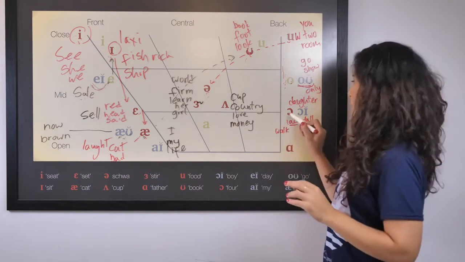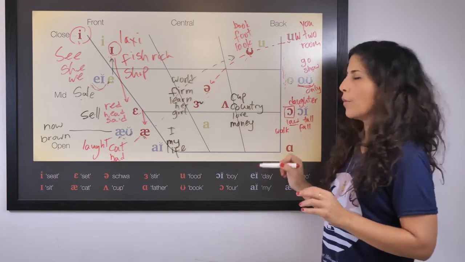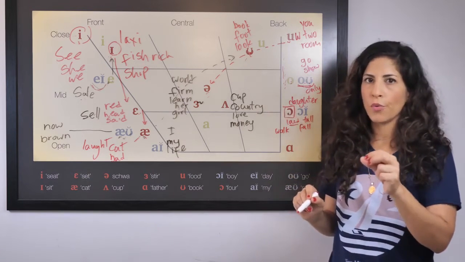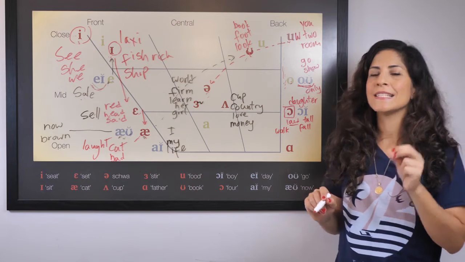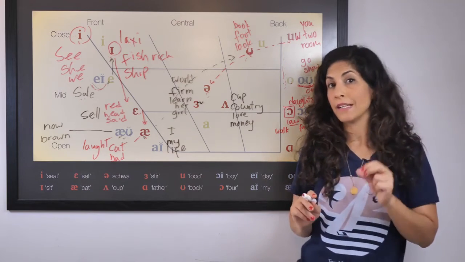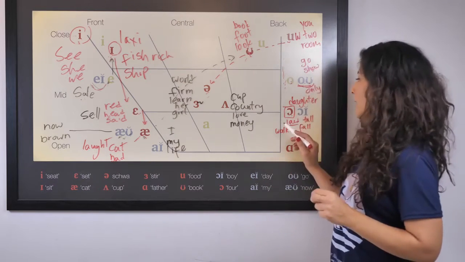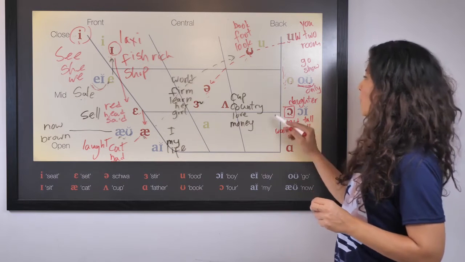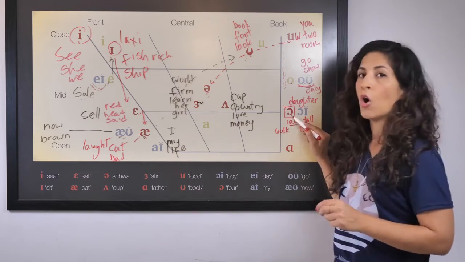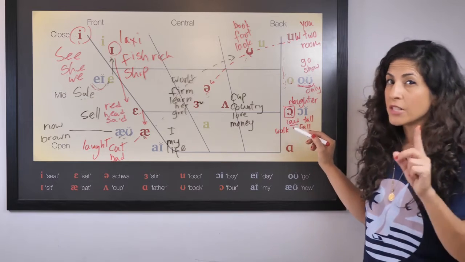Now I want to tell you something about this aw sound when used alone. It doesn't exist in all dialects of American English. So, for example, you'll find these words pronounced with the aw sound more likely on the East Coast, right?